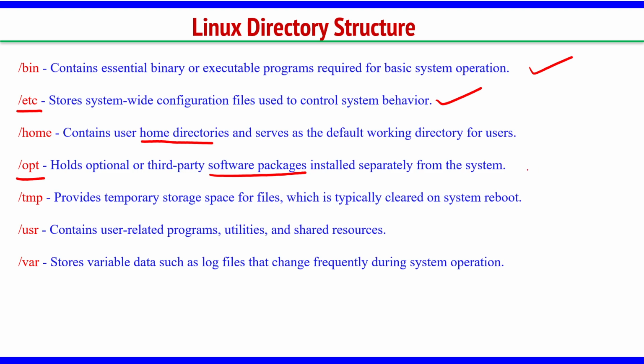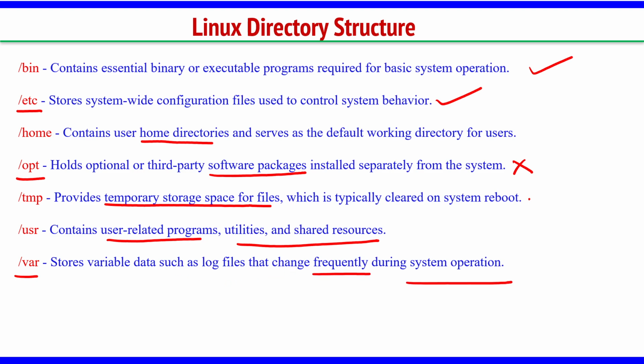We also don't worry much about /opt. /tmp provides temporary storage space for files, which is cleared on system reboot. Then /usr contains user related programs, utilities and shared resources. And /var, variable, stores variable data such as log files that change frequently during system operations.